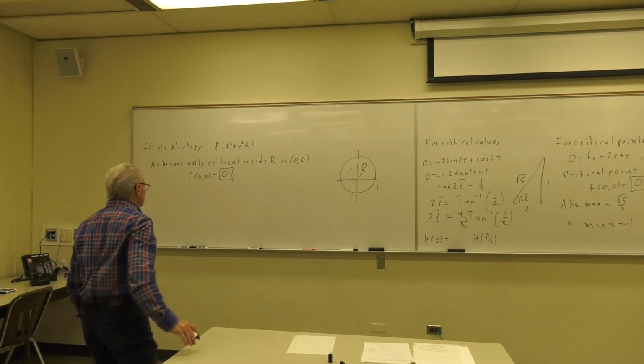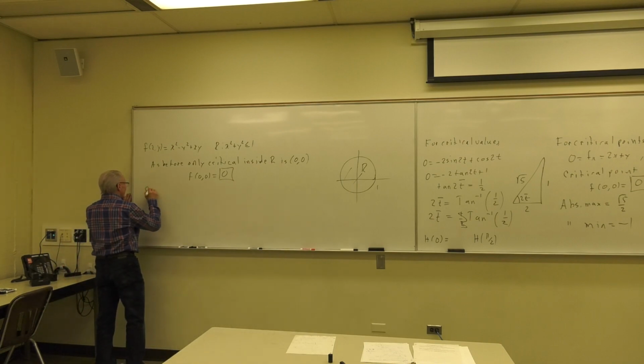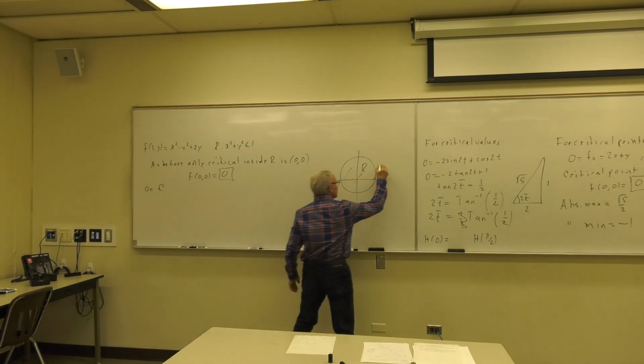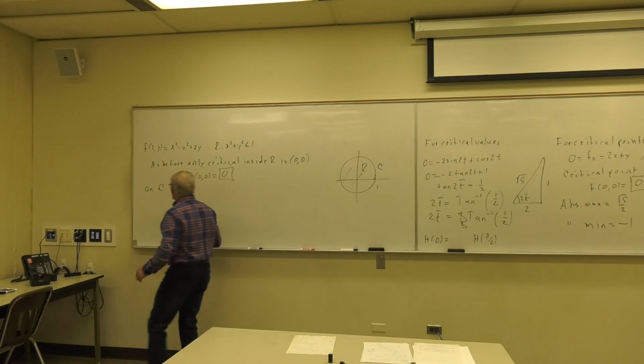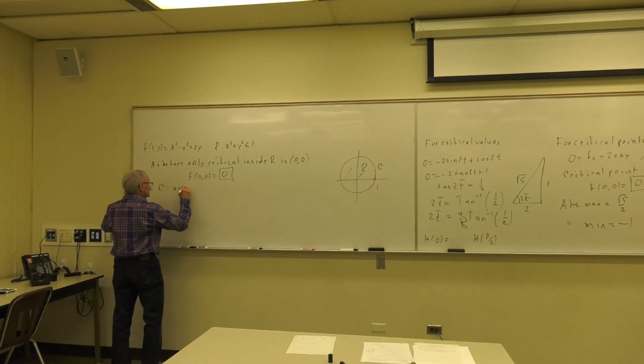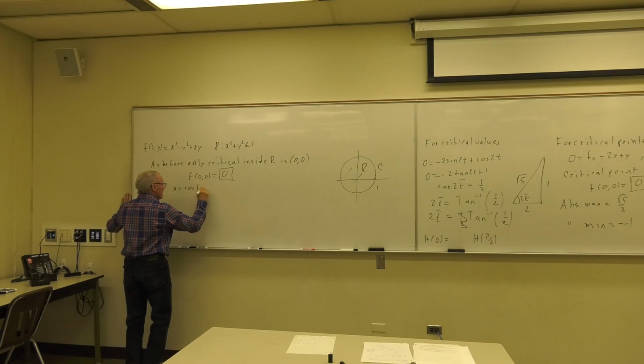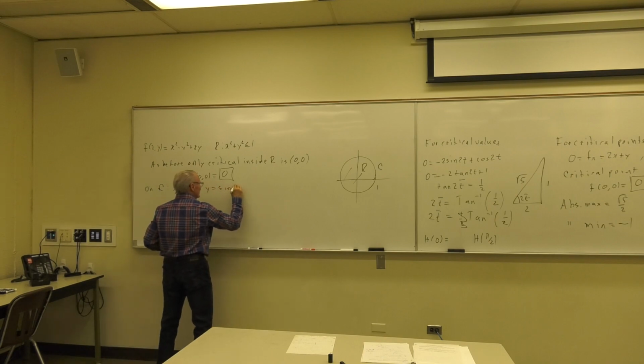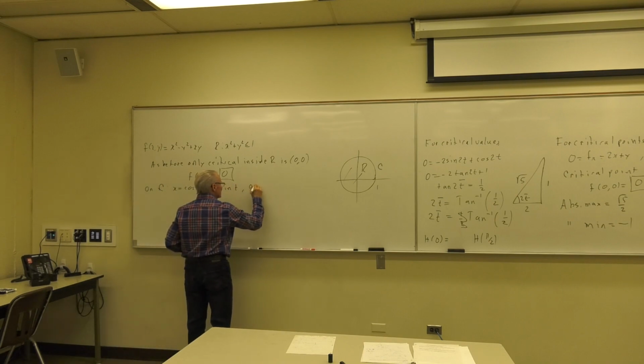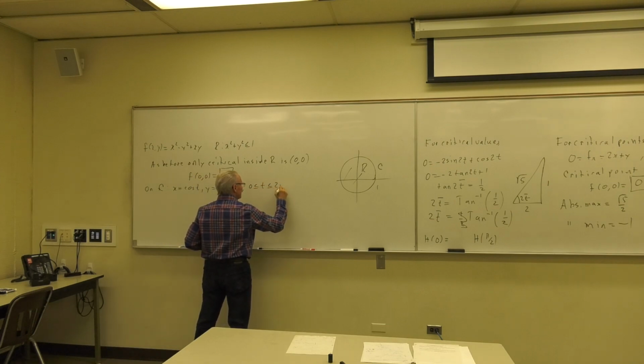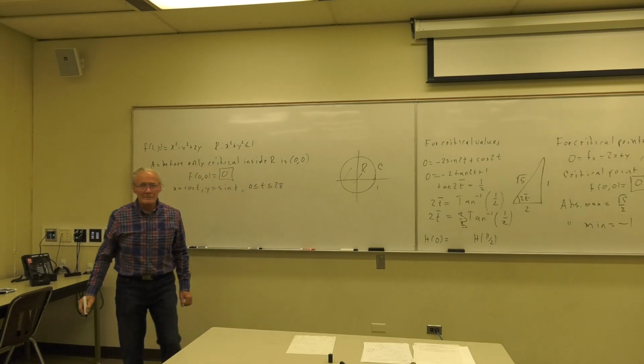Now let's go to the edge. On C, call that C, we can say that C has parametric equations: x is equal to cos t, y is equal to sine t, and this time 0 less than or equal to t less than or equal to 2 pi to take the ones around.